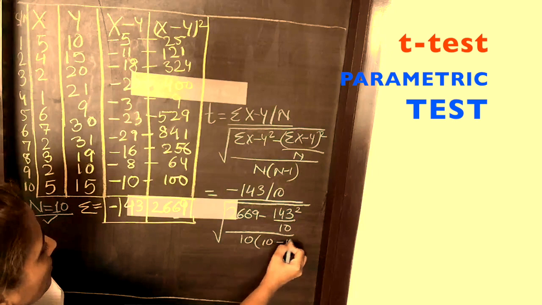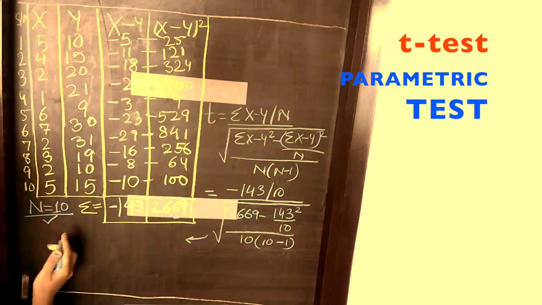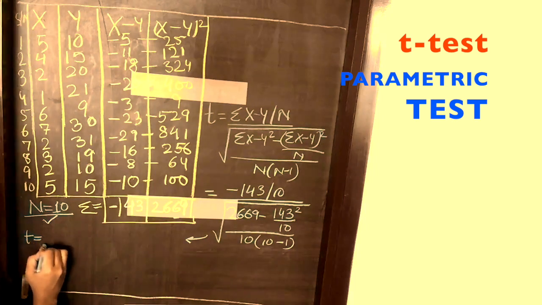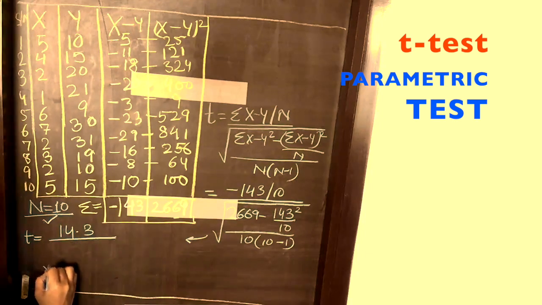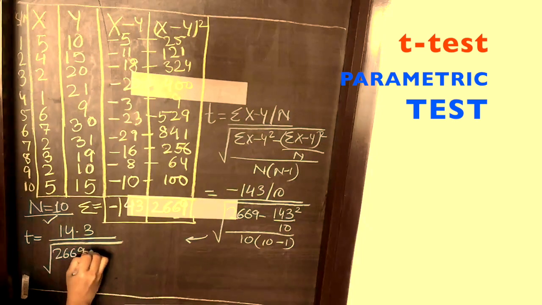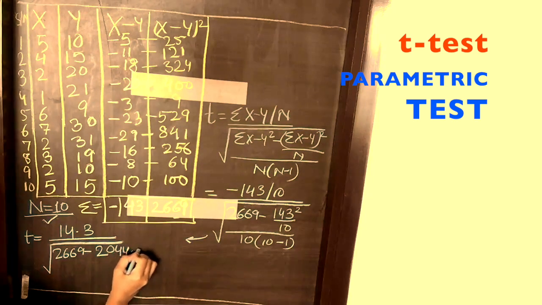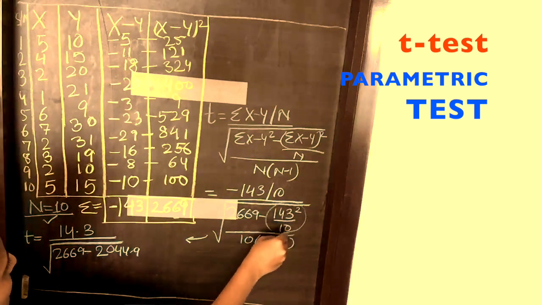Similarly, we'll put all the values here, and then we'll get a very easy calculation here. So yeah, not to forget, the sum of x minus y is a negative figure, that is minus 143, that will be divided by n. So I have missed out putting the minus sign here. Very soon I'll put it in the next step.